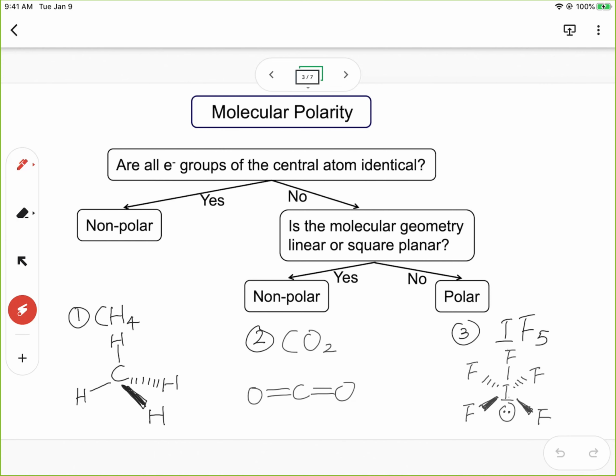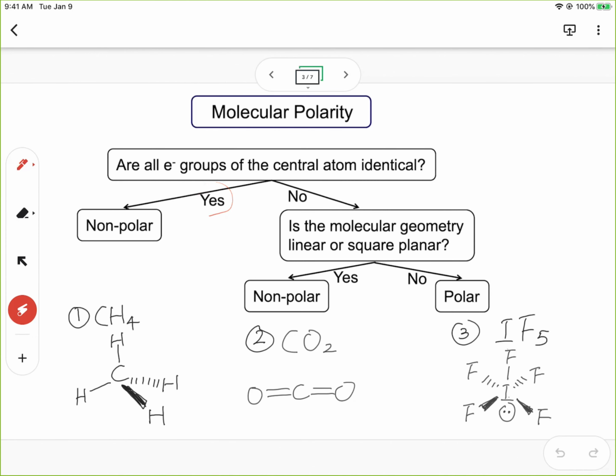Essentially, you just keep asking yourself questions. The first question: are all electron groups of the central atom identical? Remember, electron groups means either chemical bonds or lone pairs.